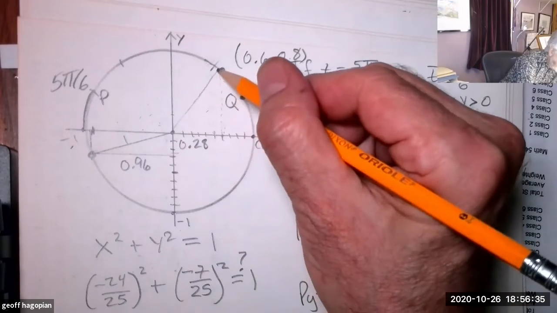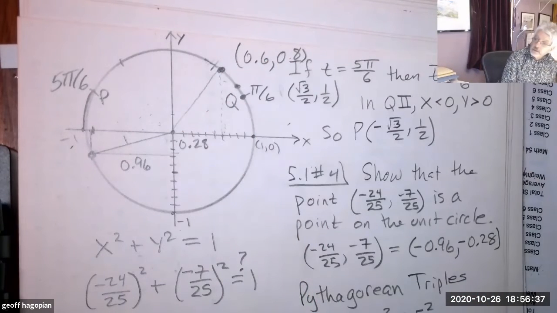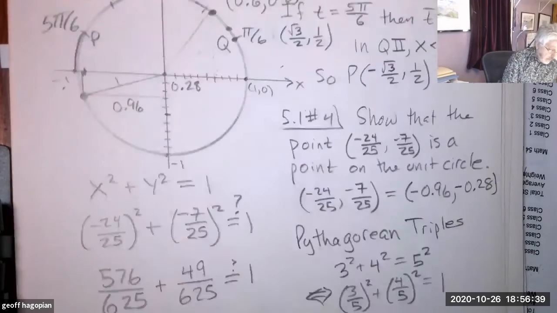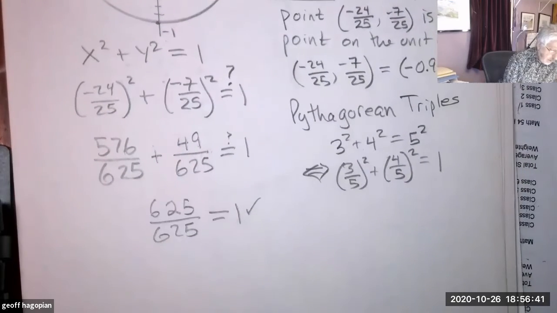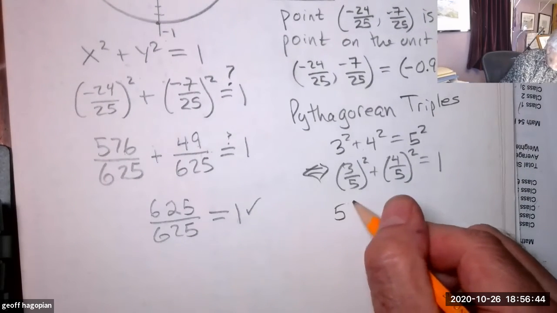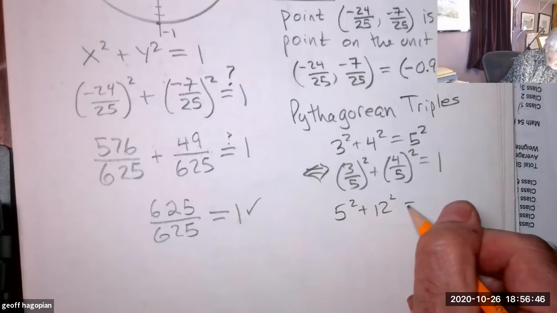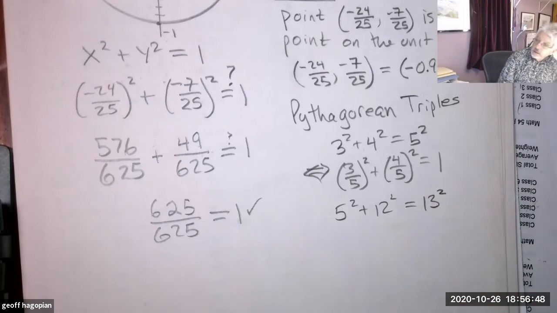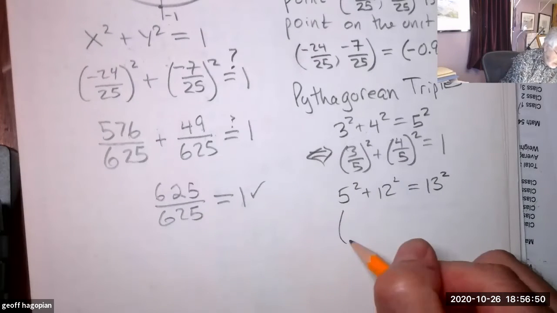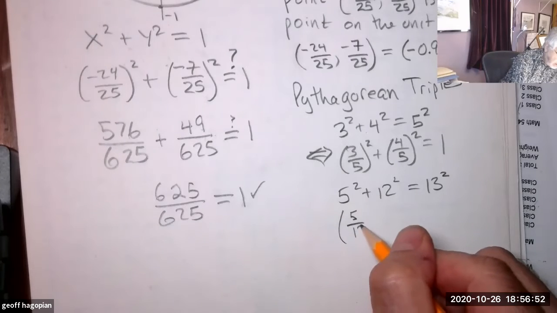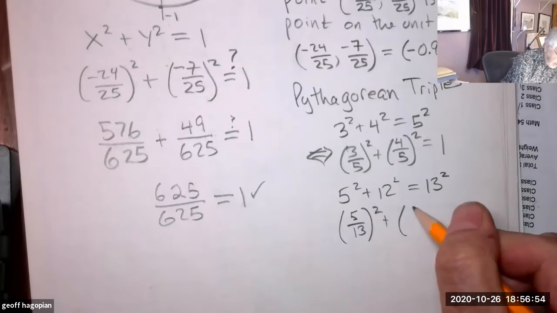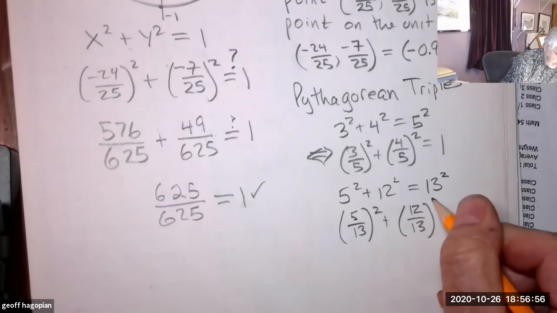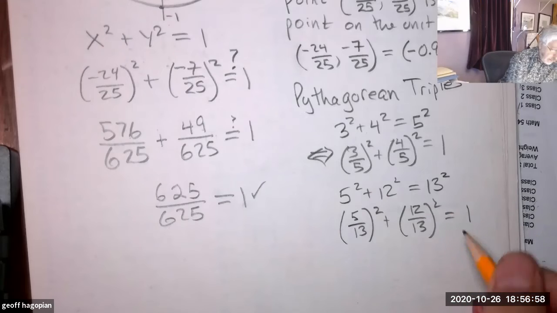Yet another location on the unit circle. Another Pythagorean triple: 5 squared plus 12 squared is 13 squared. All right, so that says that 5/13 squared plus 12/13 squared is equal to 1.